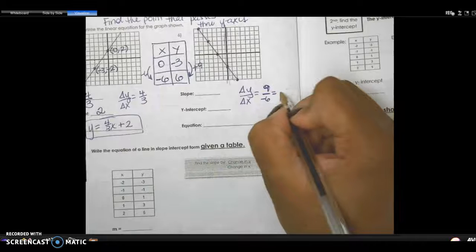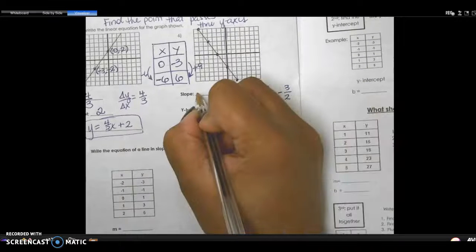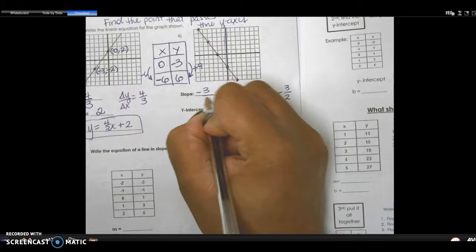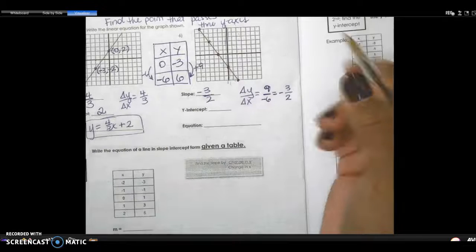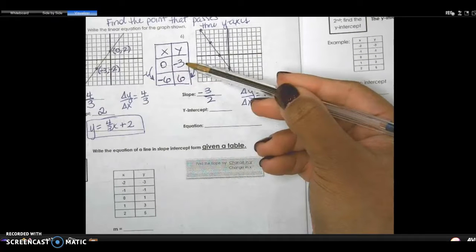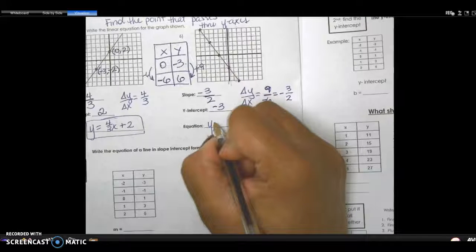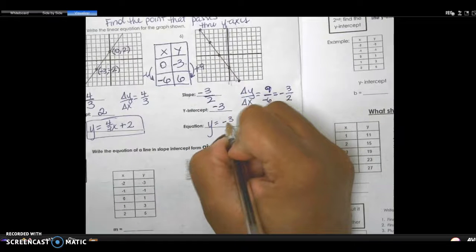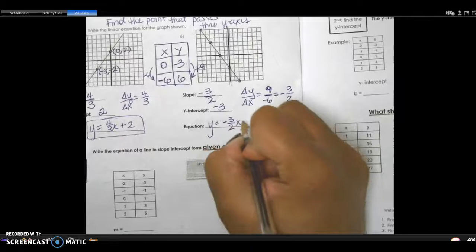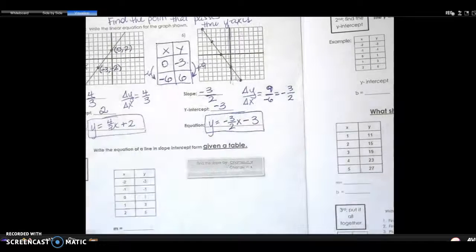This becomes -3 over 2. My y-intercept is where x equals 0, so that's going to be -3. Then my y is going to equal -3 over 2 x minus 3. Put a box around it, you're done.